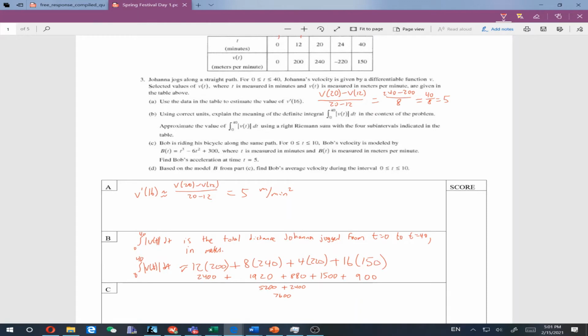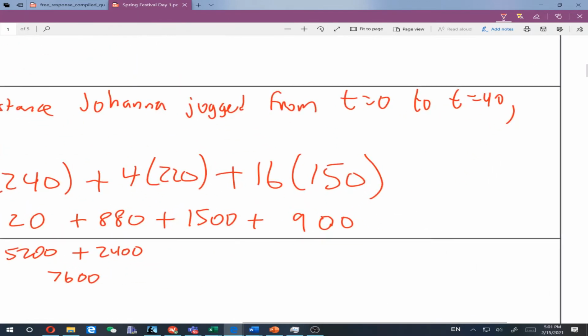Meters. Oh, sorry, I guess we already answered that, but meters. I'm going to throw that on this line just so you've got room for the next one. So that's 7,600 meters.